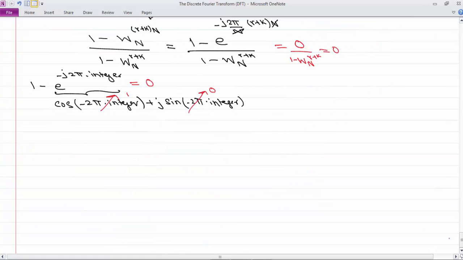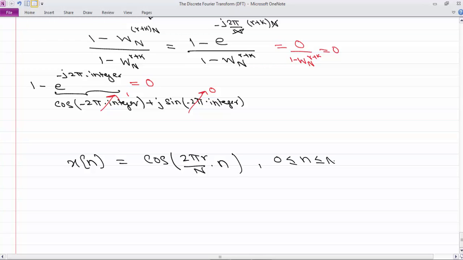So if I combine the two sums together, what I get is that for cosine, remember we had started with looking at x of n equal to cosine of 2 pi r over N times n over one period.